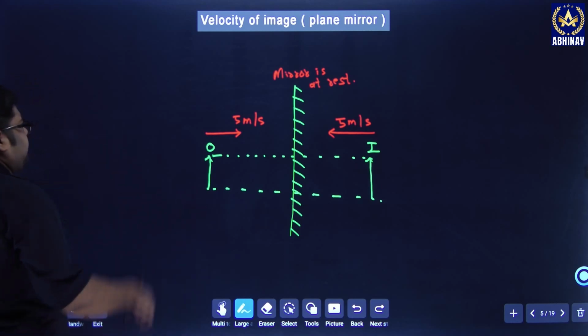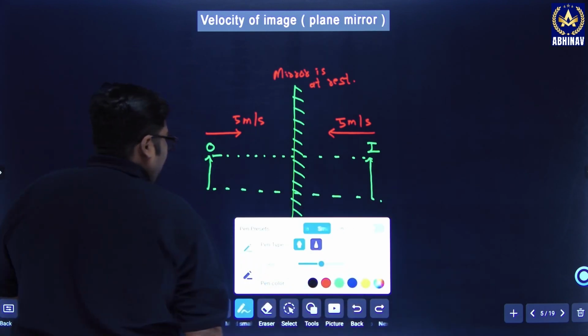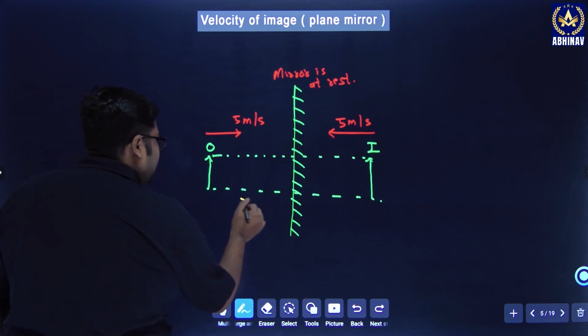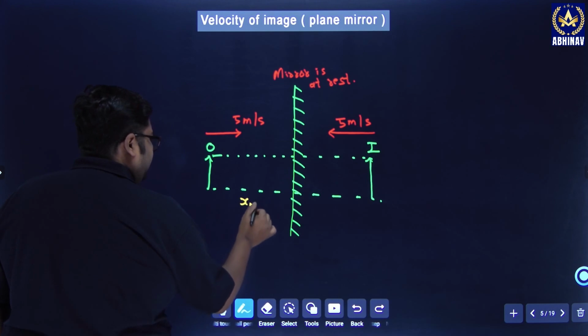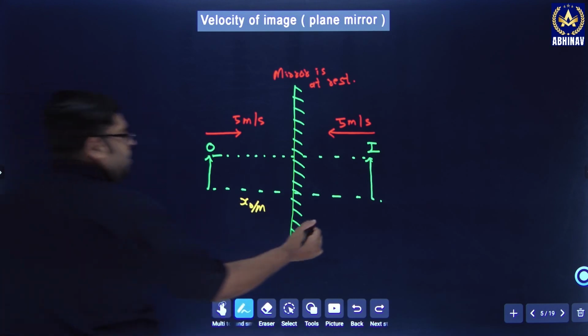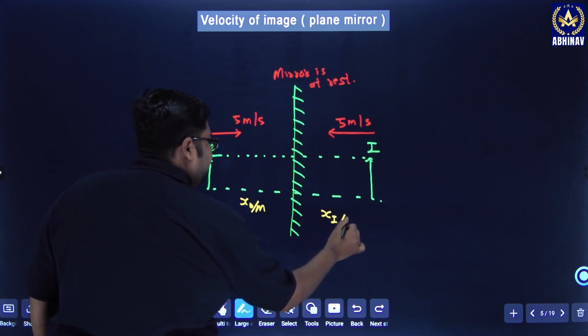So, let us consider our coordinates along the x-axis. Suppose that this is the x coordinate of the object with respect to the mirror, and here we can consider the x coordinate of the image with respect to the mirror.